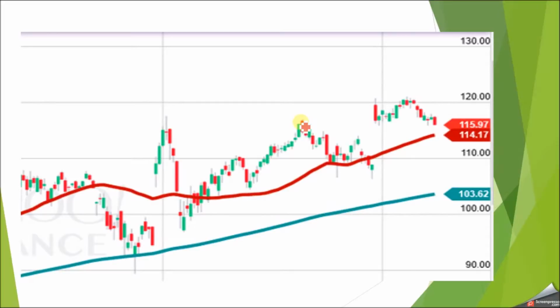It gaps up at the opening, but then it finishes more than 50% below that green candle. And then confirmation is gapping down at the opening for the next day.